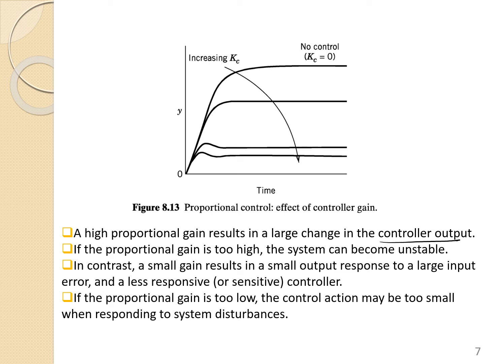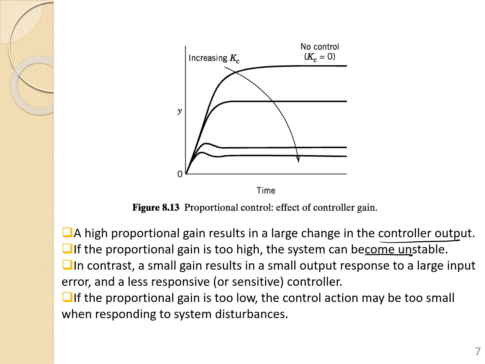If the proportional gain is too high, the system can become unstable, like what I said before. If you increase the KP beyond a certain limit, the response will become unstable.